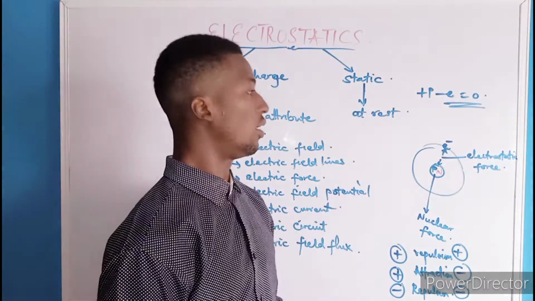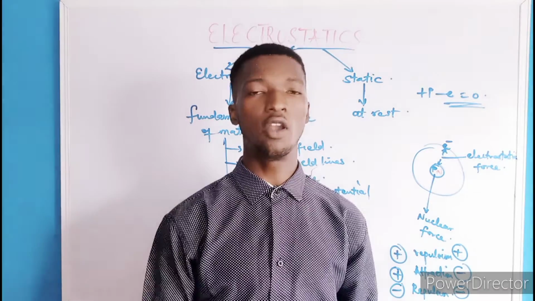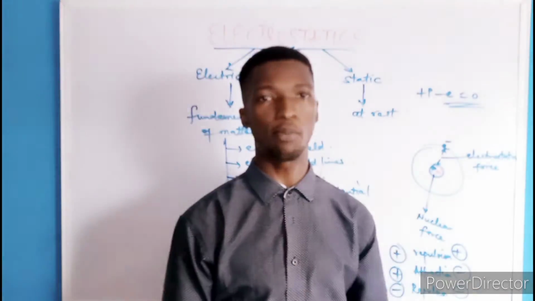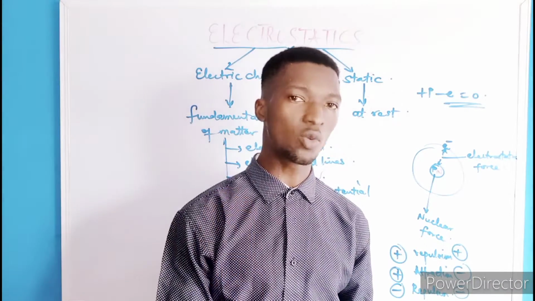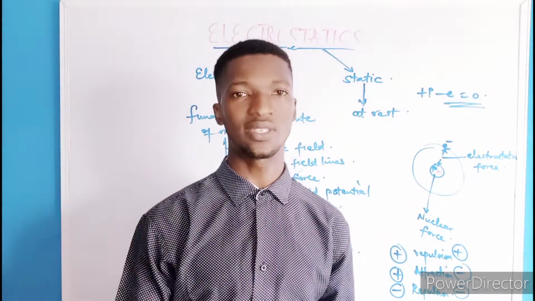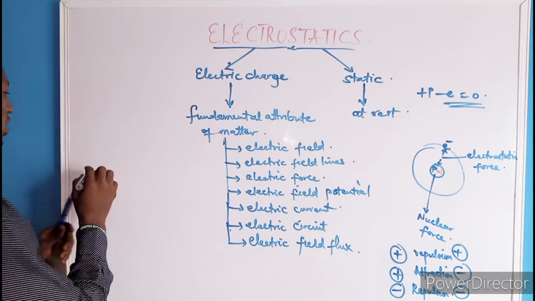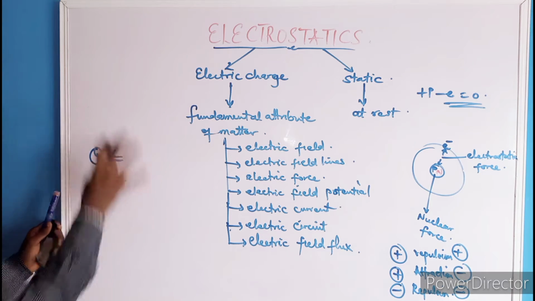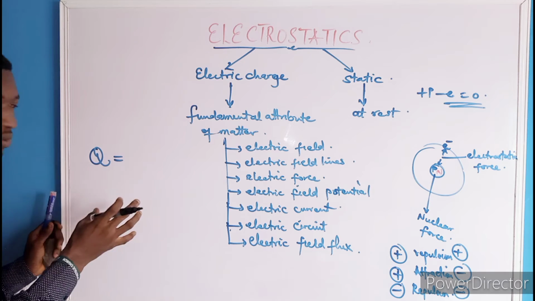The third one is called the law of quantization of charges. It states that the total charge on a body or particle is equal to the integral multiple of protons or electrons that make up the charge. So here, when I have a body, the body is said to be Q. In this body, you can have several electrons or several protons.